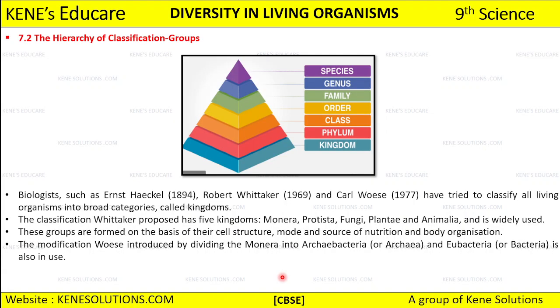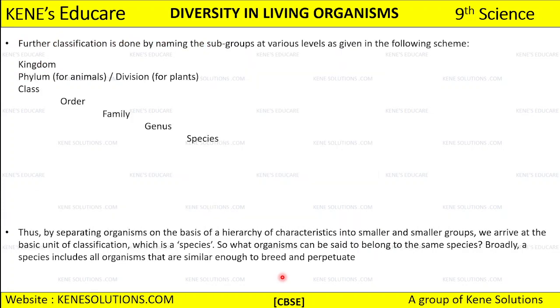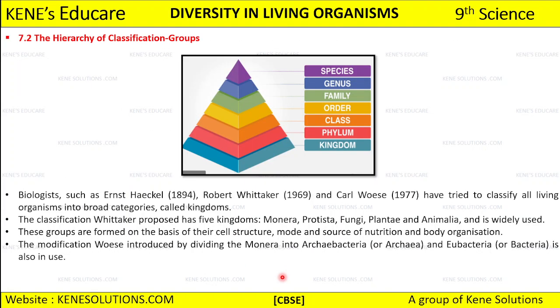Now the next thing that we are having is the hierarchy of classification, which includes groups. Okay, so we will be discussing the different types. See, the hierarchy of classification, I hope you know what hierarchy is.